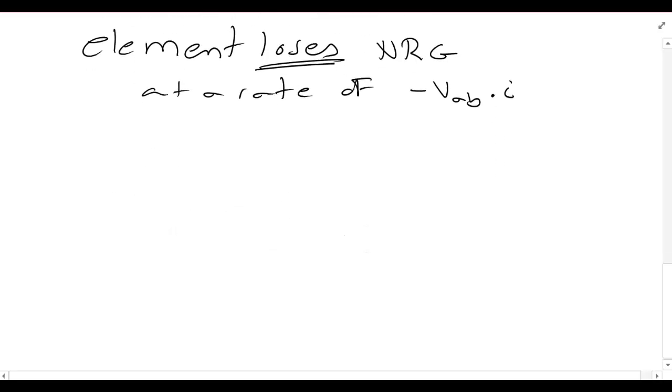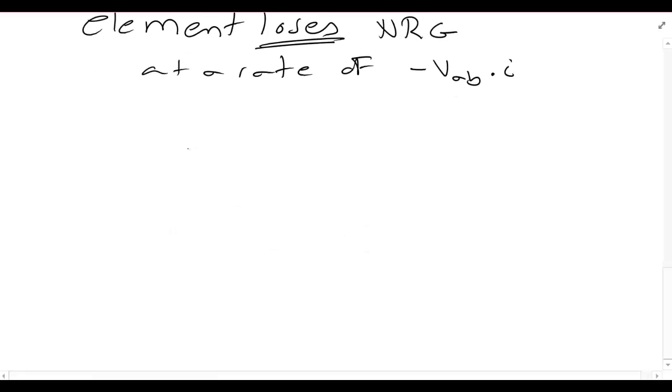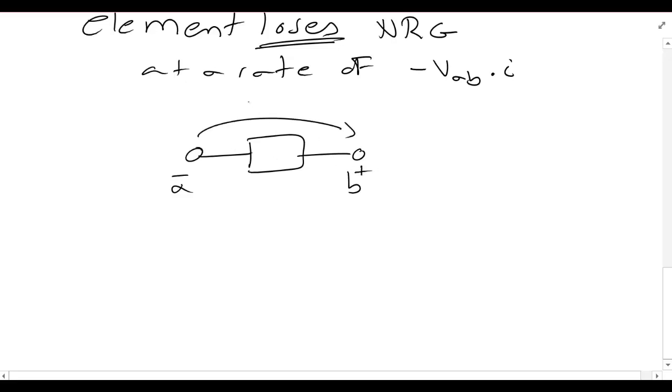Similarly, if we have the other situation, A and B, negative and positive, and again I'm setting up so VAB is greater than 0, but current is entering this way, and again we have to say that I of t is greater than 0 just to keep the sign straight.